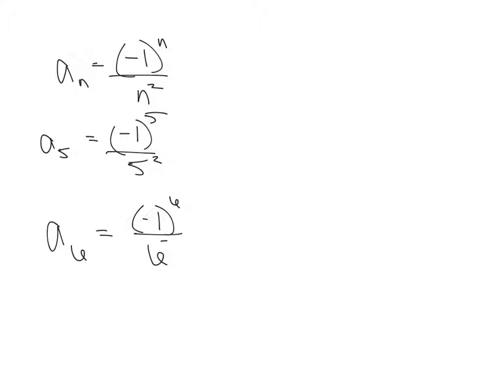So we're going to put a 5 in for n. We're also interested in 6. Okay, so that doesn't look too terribly bad. So this equals -1 times -1, and so on. An odd number of negatives always gives you a negative. 5 times 5 is 25. Here it's an even number of negatives, so that's a positive 1 over 36. So there is our 5th and our 6th term.